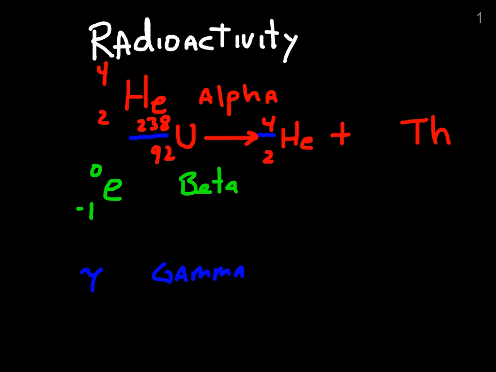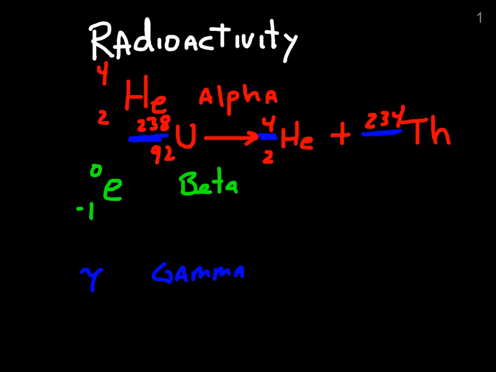So, for example, in this case, 238 is going to equal 4 plus, and the answer is going to be 234. So the isotope of thorium that comes out of it is 234. All right? So 4 right here plus 234 equals 238 over here.